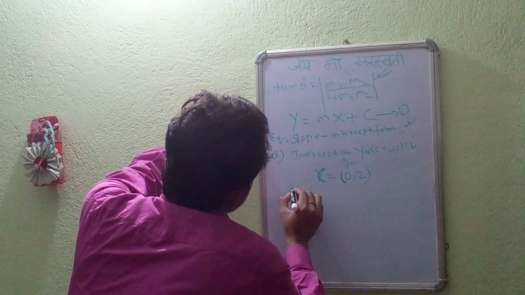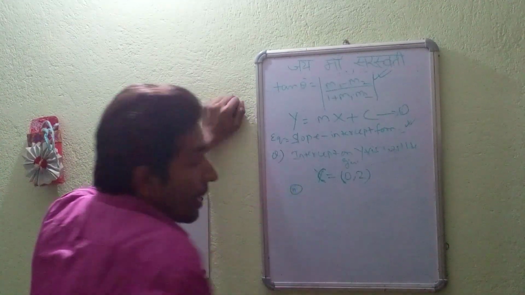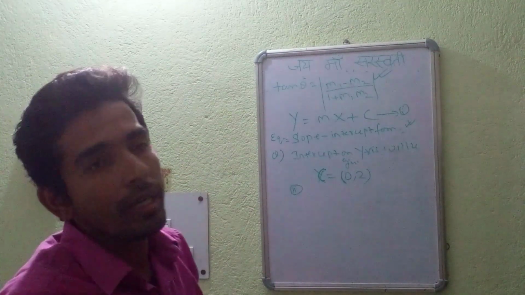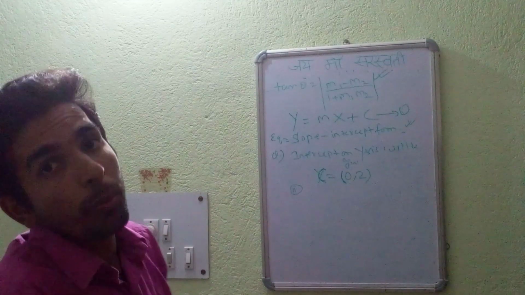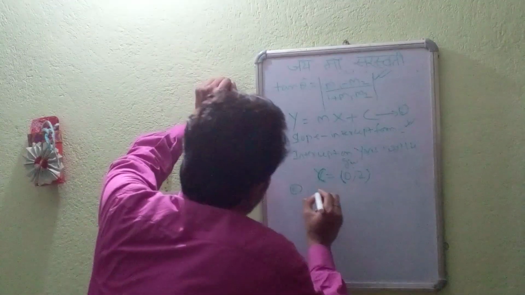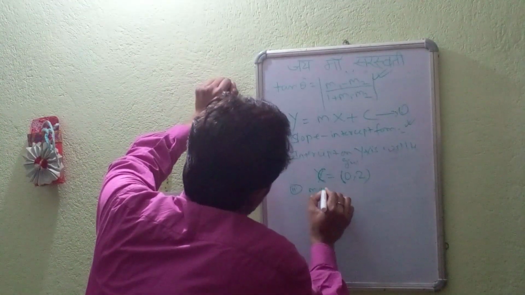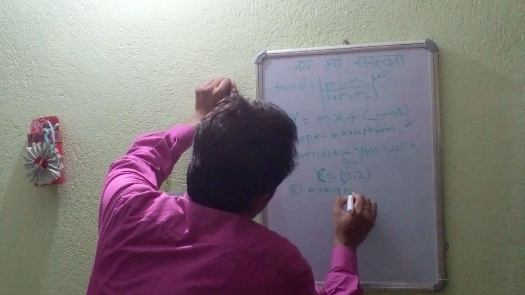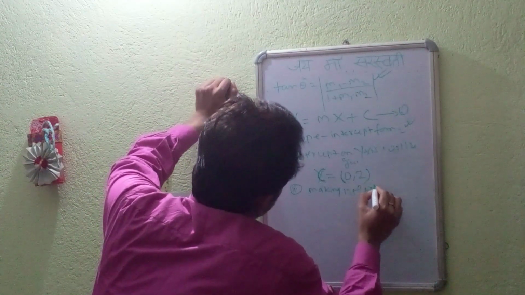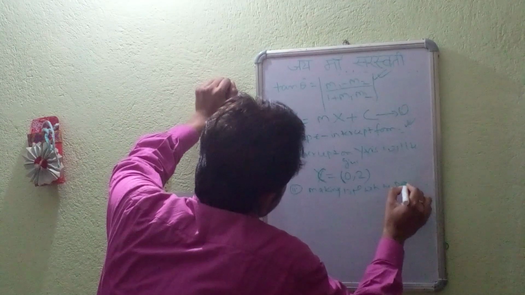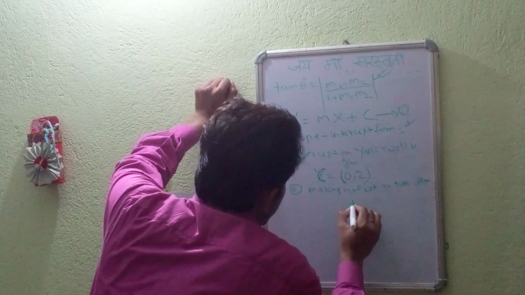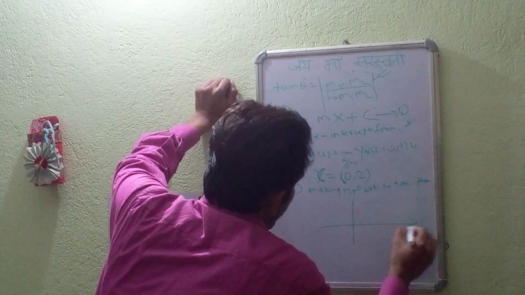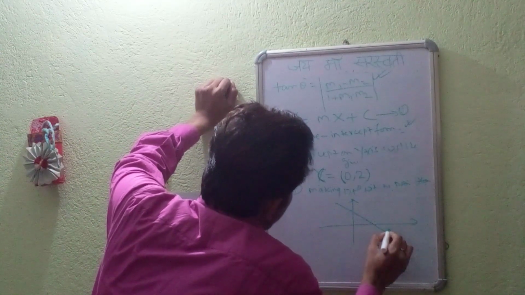Secondly, it will be mentioned in the question that the line is making some angle with the positive direction of the axis. Suppose this line is making 135 degrees with the positive direction of the x-axis. So we draw one line.